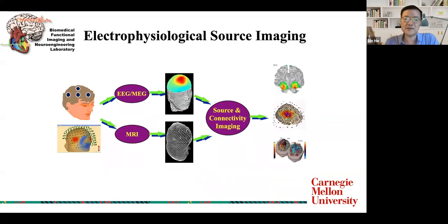So we have pursued an approach which I call electrophysiological source imaging, or ESI. Essentially it is from EEG or MEG recording. For the BCI approach, we use EEG. And then we use MRI to provide anatomical constraint, and we solve the source imaging problem to obtain high resolution source distribution inside the brain.